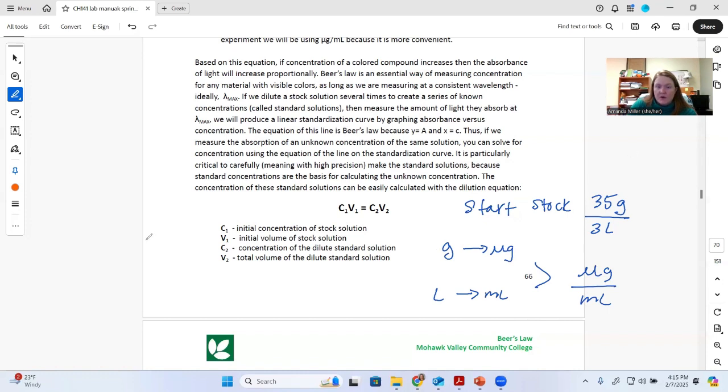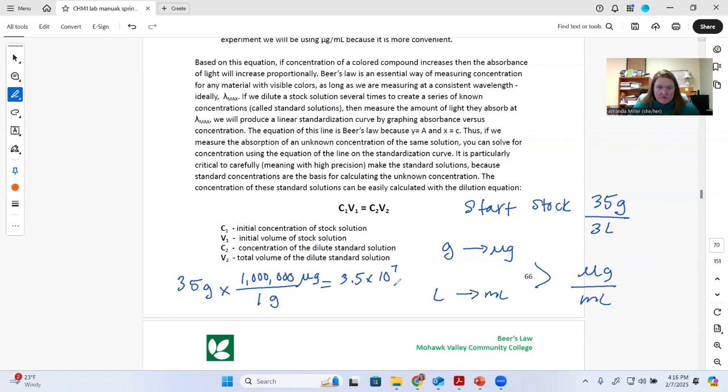Okay, so given I'm going to do the 35 grams first, I need to know that there is 1,000,000 micrograms in 1 gram.